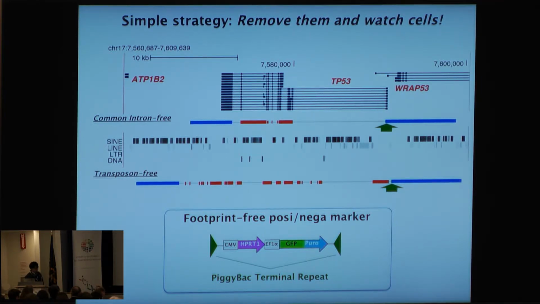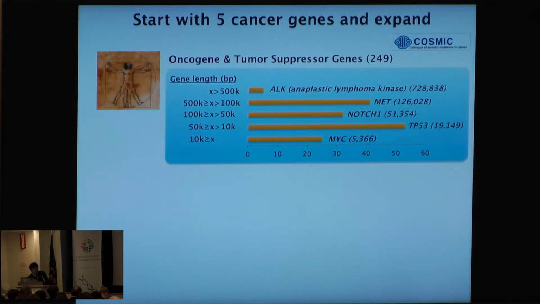So basically, we can just swap the wild-type DNA part with the synthetic ones. And then the genes we are targeting first are cancer-related genes in human. There are roughly 250 genes registered in some cancer gene databases. But in the beginning, we are focusing on these 5 genes, which differ in the length of the gene, like this.